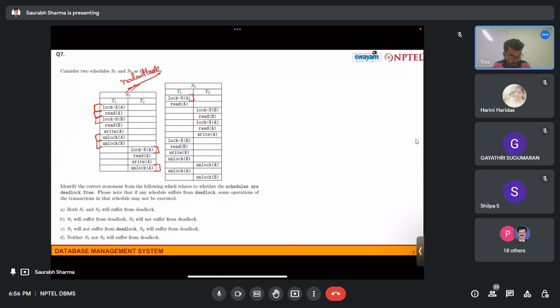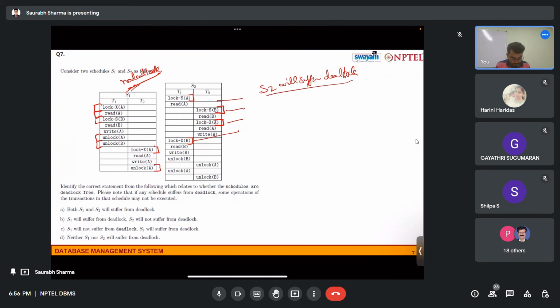There is a shared lock on B, and there is an exclusive lock requested on A. That is not possible. And afterward, there is an exclusive lock on B also. So from here we can easily conclude that S2 will suffer deadlock.